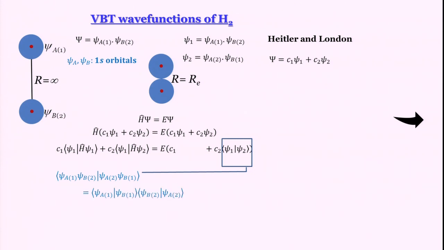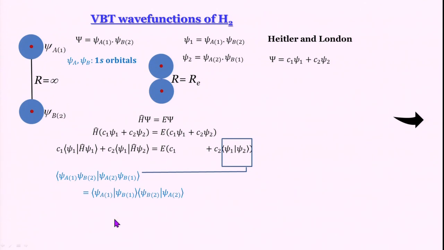Now what do we have? Psi a is essentially 1s of atom A, and electron number 1 determines the coordinates there. Integral psi a1 and integral psi b1. What is psi b? Psi b is your 1s orbital of atom B.